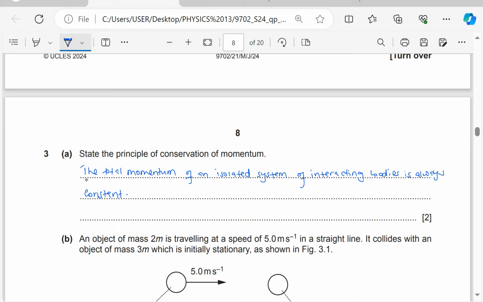When I talk about an isolated system of interacting bodies, I'm referring to a system where there is no resultant external force acting on the bodies. So that is the easiest way to state the principle of conservation of momentum.